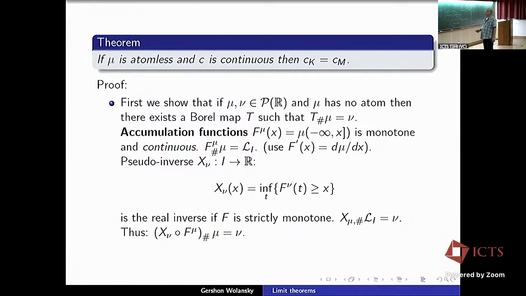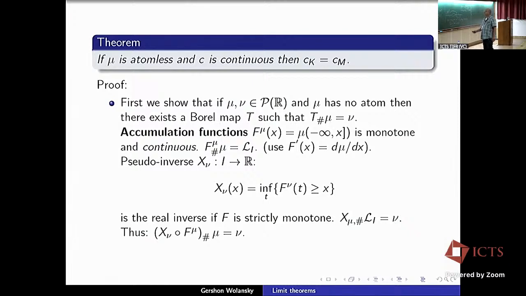It has a pseudo-inverse, because it's not always strictly monotone. It can be flat at some point if the measure mu is 0 on some interval. But we can define the pseudo-inverse in this way. We take the infimum of all t such that f nu of t is bigger or equal to x. This is the real inverse if f is strictly monotone.